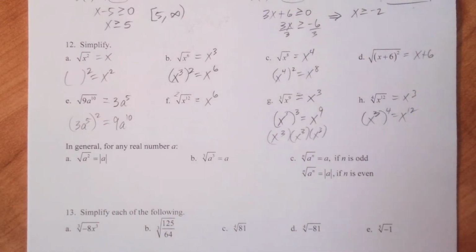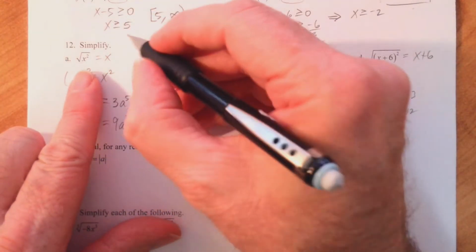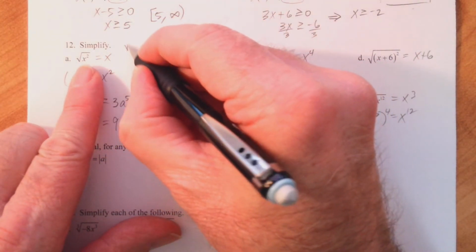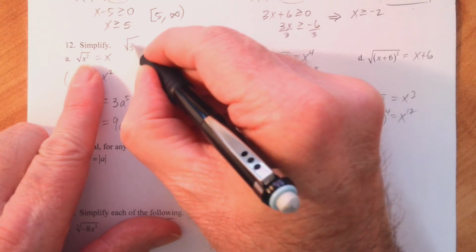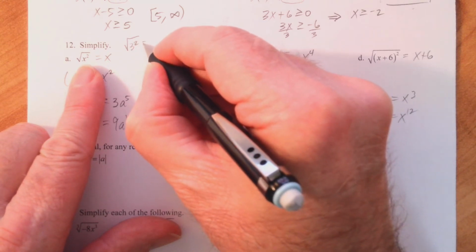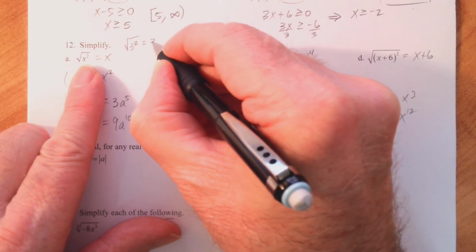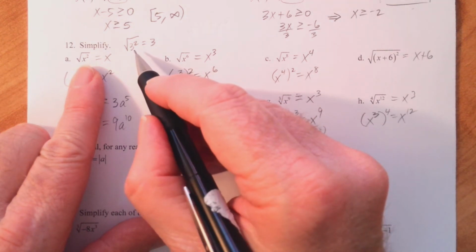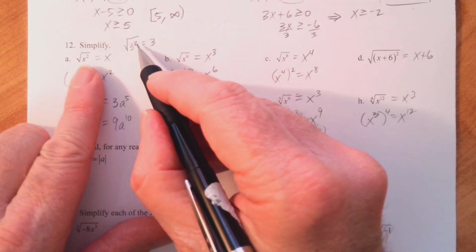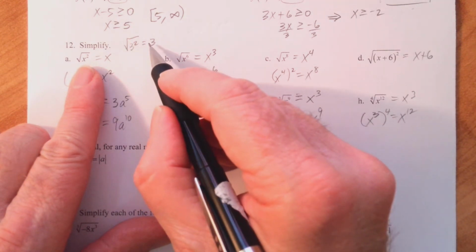All right, now there's something I haven't discussed with you that we need to discuss. The problem is if I had the square root of 3 squared, that would be 3. Because 3 squared is 9, and the square root of 9 is 3.